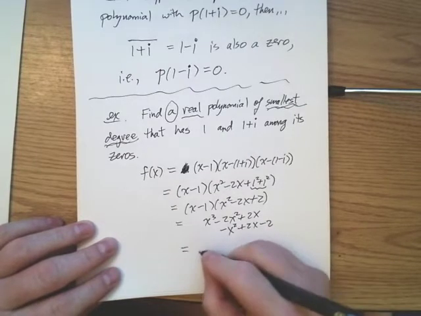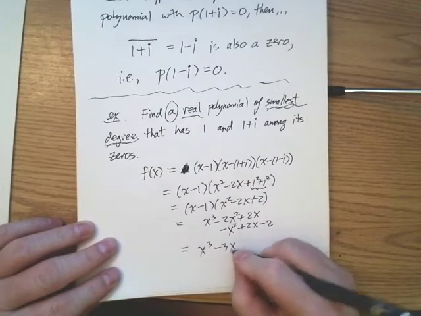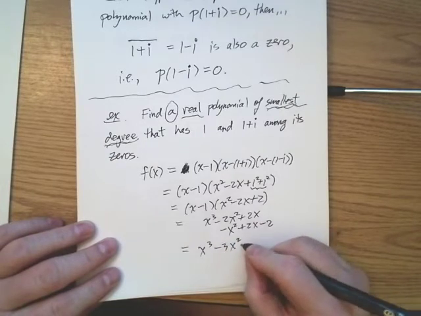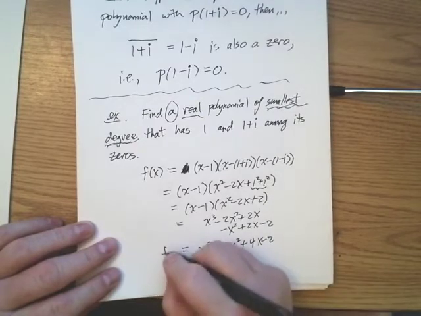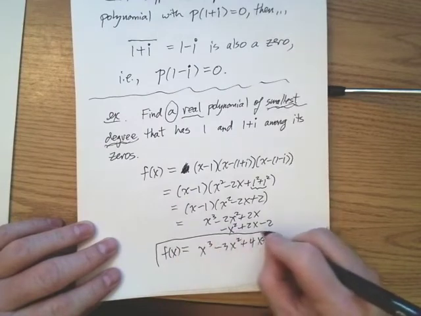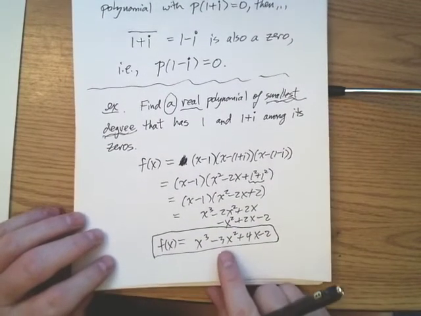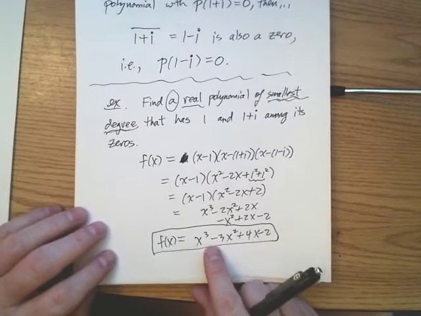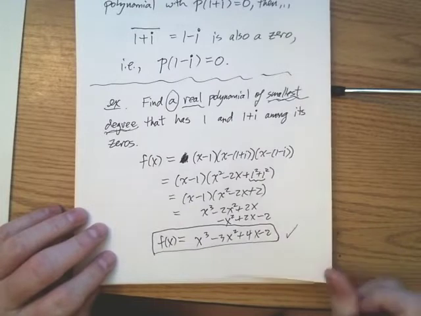And combining like terms, we have x cubed minus 3x squared plus 4x minus 2, and I'll say that's my f of x, and I'll box in my final answer like usual. Okay? Like I said, any non-zero real constant multiple of this would also work here, but I like this answer. So there it is.